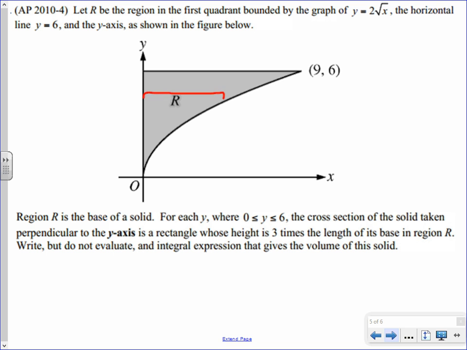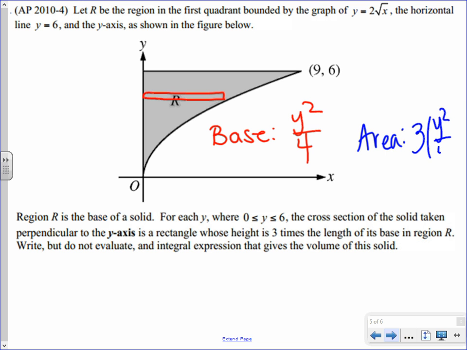Pod number 5, what is the base length? Just y squared over 4. Y squared over 4? Okay. The area, pod 2. What's the area for each of those cross sections? 3b squared. Okay.